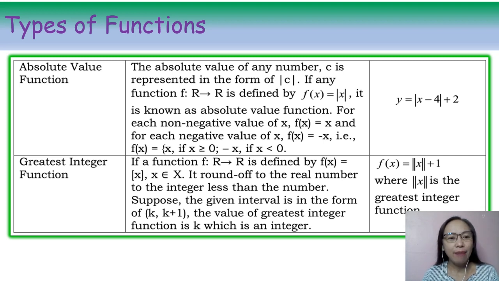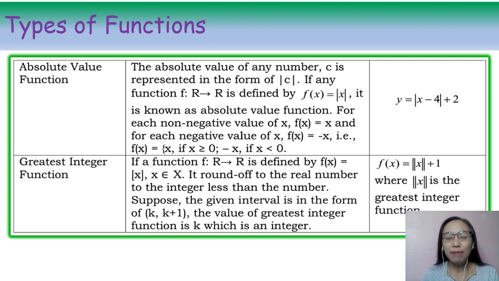We have the absolute value function. If you remember the absolute value class, it is represented by two bars. So the absolute value of any number c is represented by the absolute value of c. And for a function, it is defined by f of x is equal to the absolute value of x.